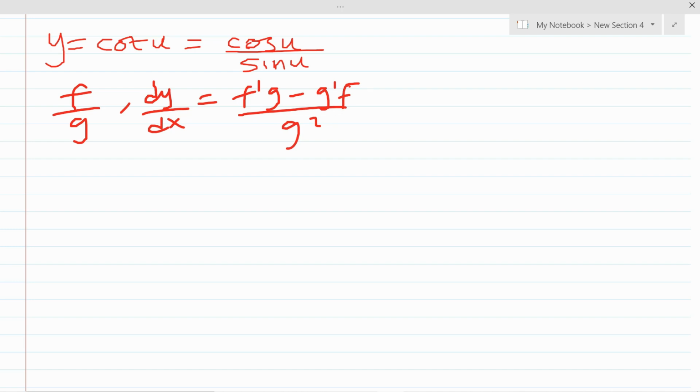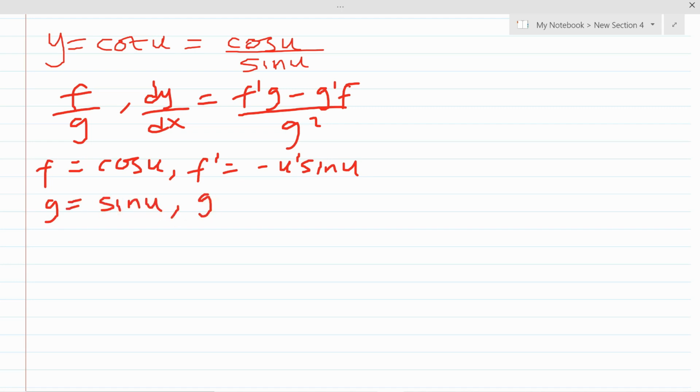So here, let's say our f is cos u, then our f prime will be equal to negative u prime sine u. Then our g is sine u, so our g prime will be equal to u prime cos u. At this stage, the differential of cos and sin should be at your fingertips.